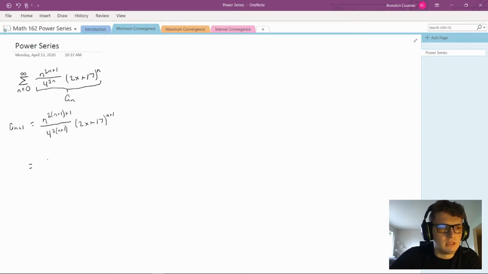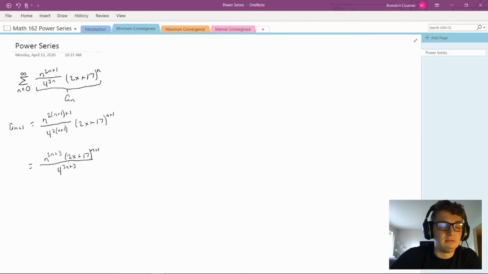It looks like we're going to end up with a n to the 2n plus 3 if we distribute the 2 through and then add the extra 1 at the end, divided by a 4 to the 3n plus 3. And then this is going to be in the numerator, so (2x plus 17) to the n plus 1.